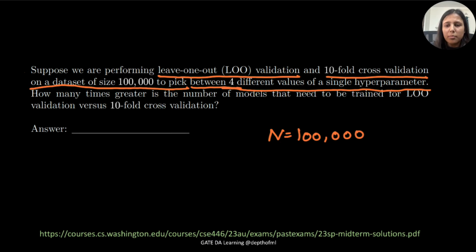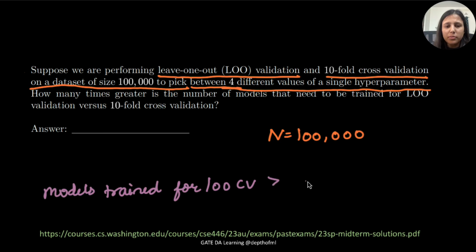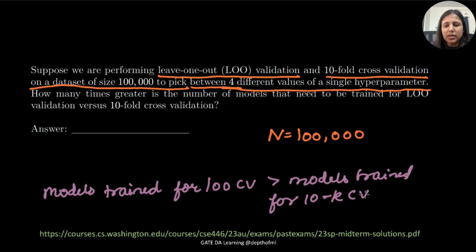They are asking, the models trained for leave one out cross validation, how many times are they greater than the models trained for 10-fold CV. They have already given that the number of models trained for leave one out cross validation is greater than for 10-fold, and they are just asking how many times greater.